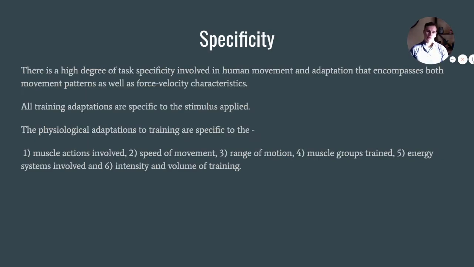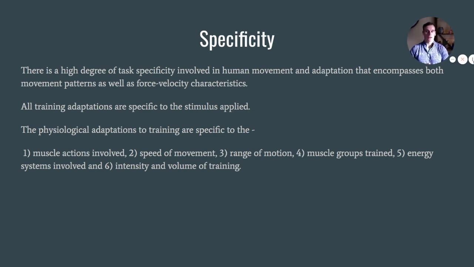Now, as I've been speaking about throughout this lecture, specificity is a very important factor when it comes to sports performance. There's a high degree of task specificity involved in human movement and adaptation that encompasses both movement patterns and force velocity characteristics. So we want the training to be specific to the movements we're asking people to carry out when it comes to performance, and performed at the speed we're asking them to carry out that performance at.